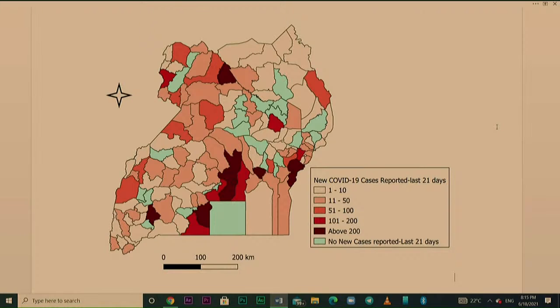The green ones are shrinking, they're disappearing. The green ones are very few now. Most of the districts have the virus, but Wakiso and Kampala are the highest.